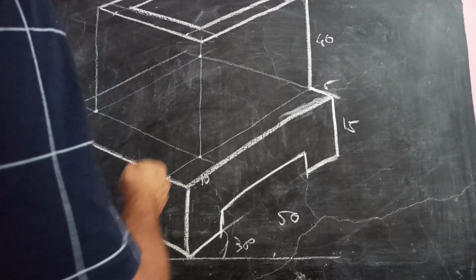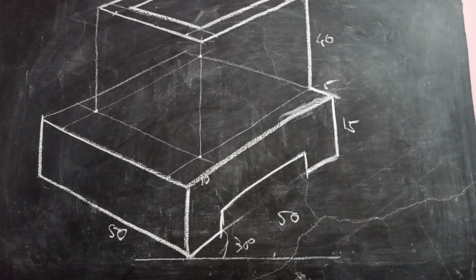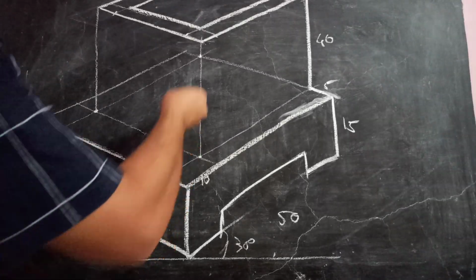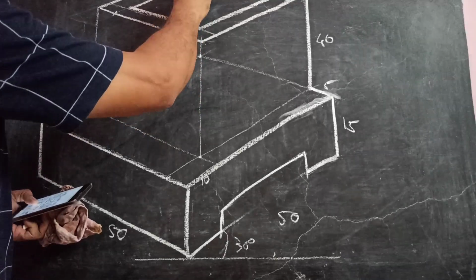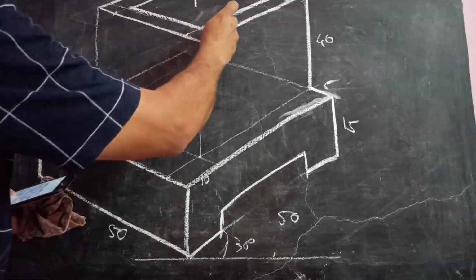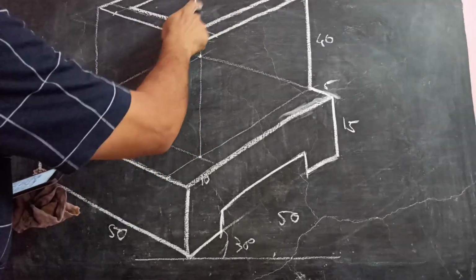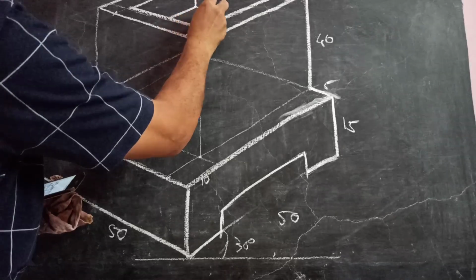So this is the square inside, and it has a depth of 10, so you can draw a line equal to 10, and from here you can draw a line parallel to this. Again from here draw a line parallel to this.